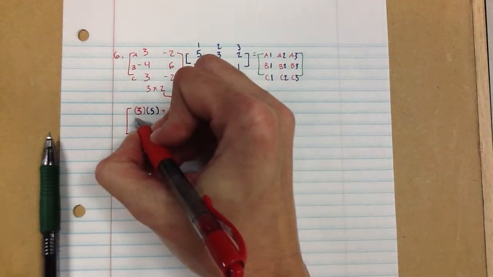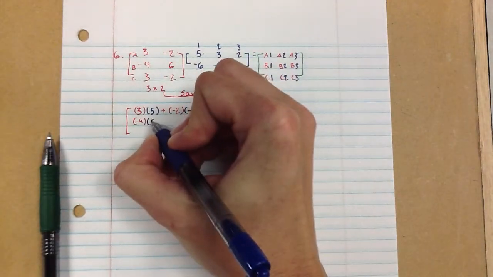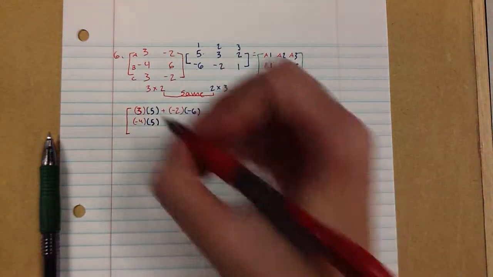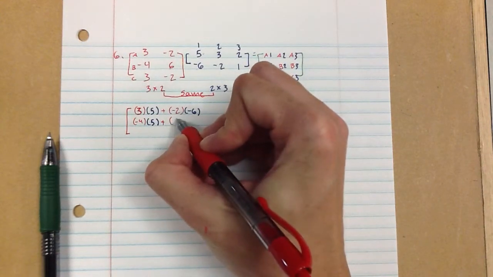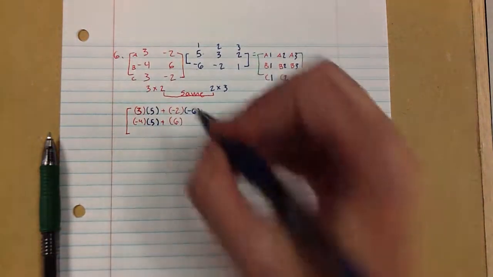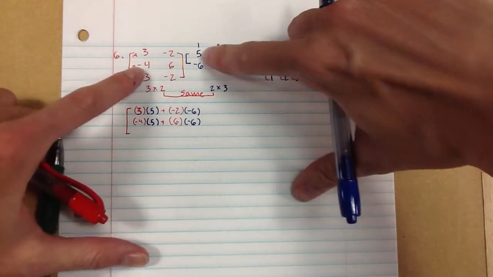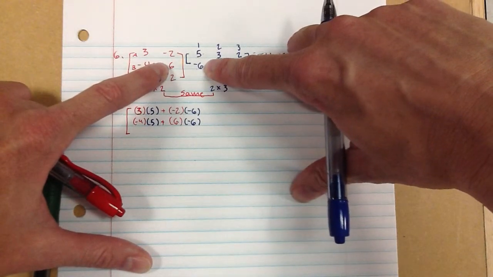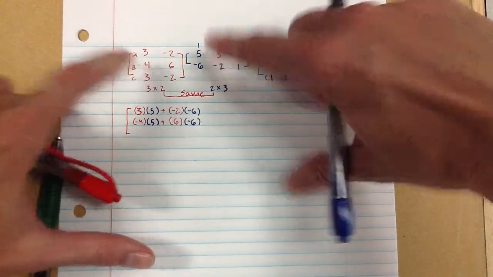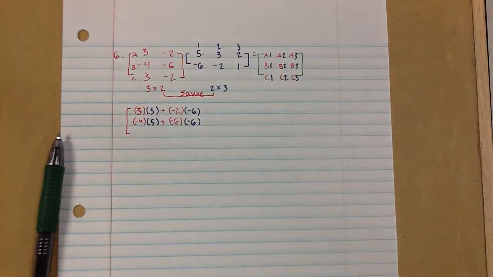So for B, I have negative 4, 5, plus 6, negative 6. So 4 and 5 were first, so they went together. 6 and negative 6. They're both negatives, so the negative 6s go together.